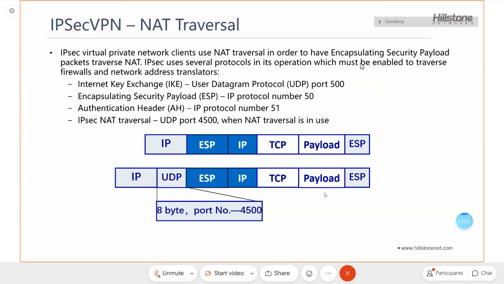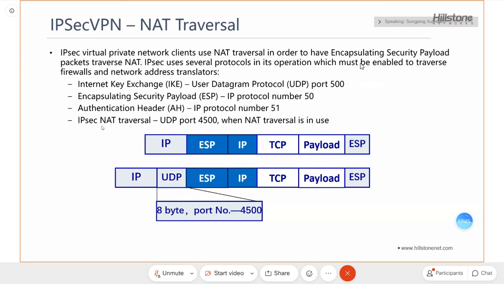As you can see from this packet structure, the Internet Key Exchange, IKE, uses UDP port 500, the Encapsulating Security Payload, ESP, uses protocol number 50, and AH uses protocol 51.